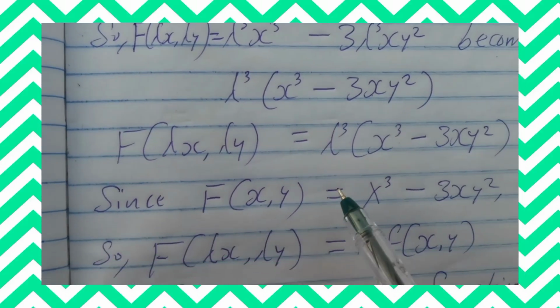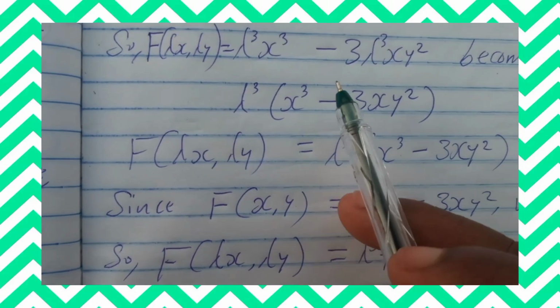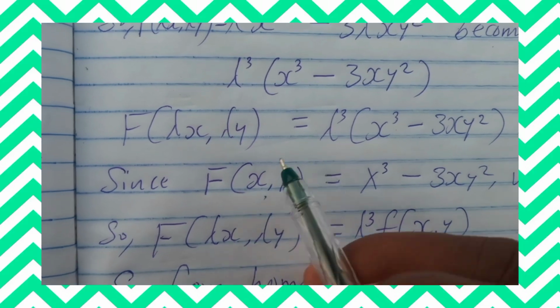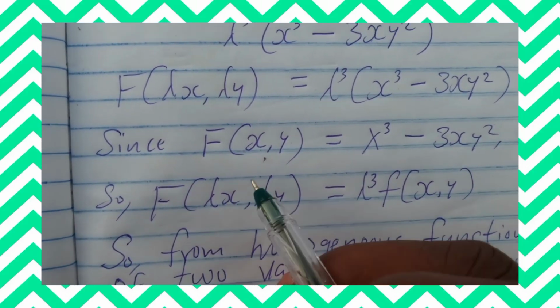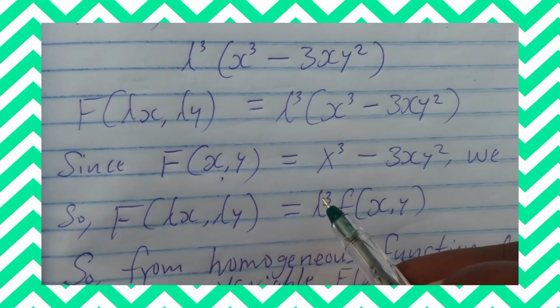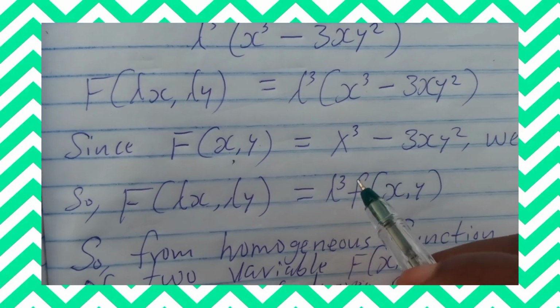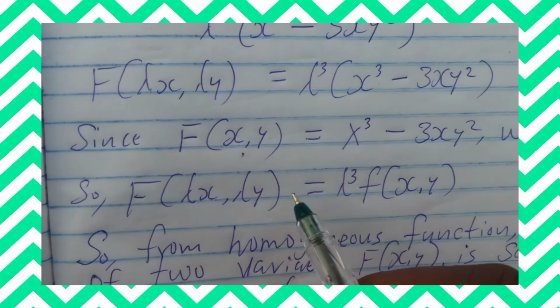Let it be f of xy, because f of xy was equal to this value initially. So you just substitute it and put f of xy. So our function of lambda x comma lambda y becomes lambda to the power of 3 times the function of x comma y, and this is in the form of a homogeneous function.